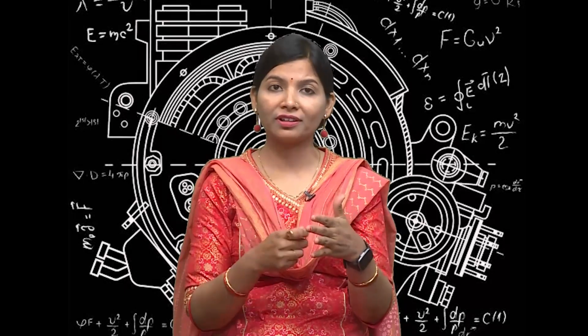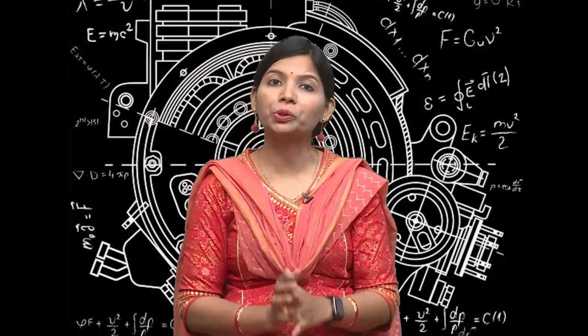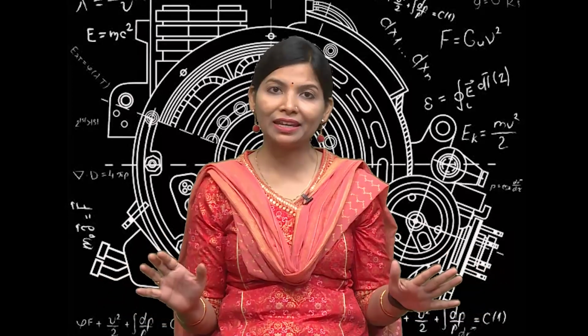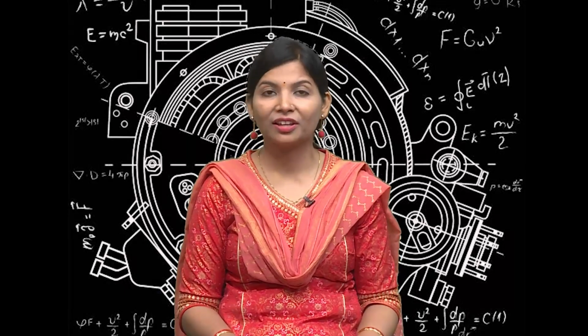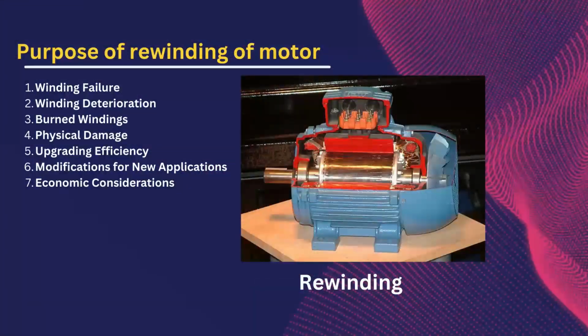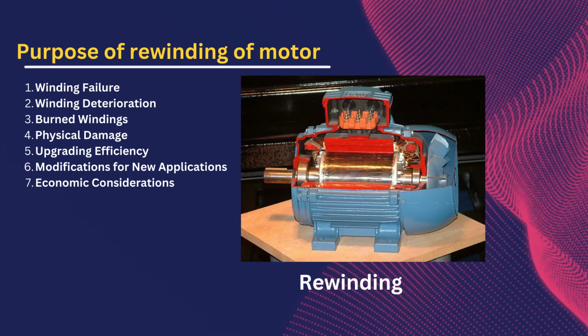Rewinding of a motor is typically necessary due to various reasons, mainly related to the degradation or damage of the motor's electrical windings. The primary reasons for rewinding a motor include: first, winding failure. The windings in the motor can experience electrical faults such as short circuits, open circuits or insulation breakdown.